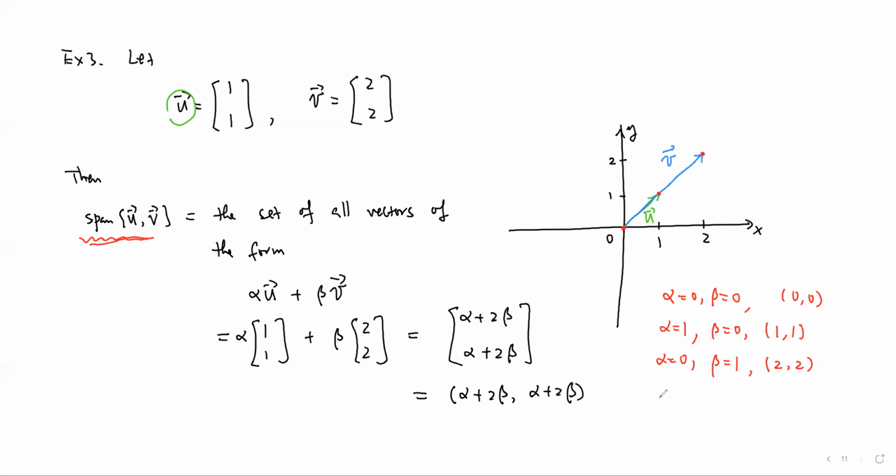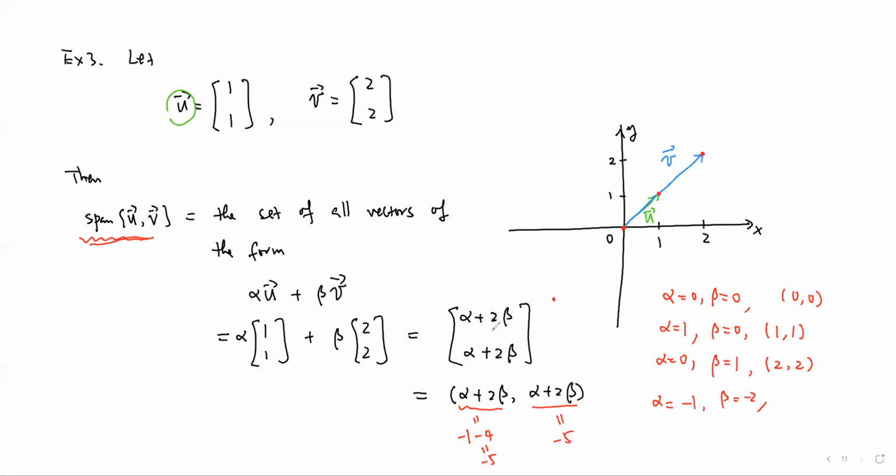How about let me arbitrarily pick, say alpha is -1, beta is -2, for example. Then -2 times 2 is -4, so -5, about here. Also -5, about here.